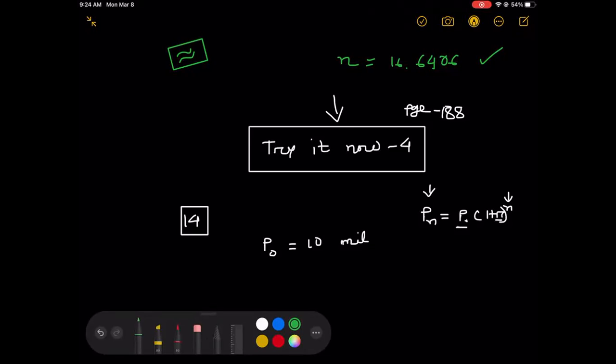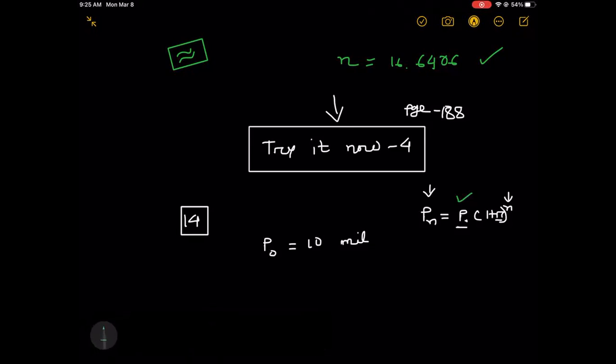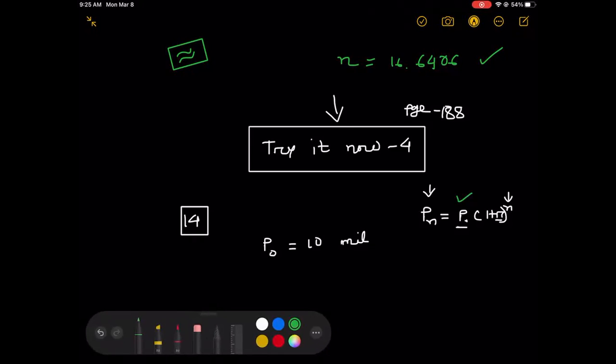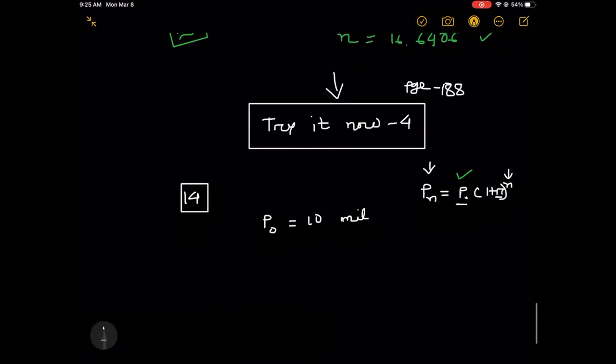We're looking for n, so we already have p naught. That's already done and dusted. We have pn as well, because it says how many filters it will take to reduce it to 500 particles. So pn is done as well.